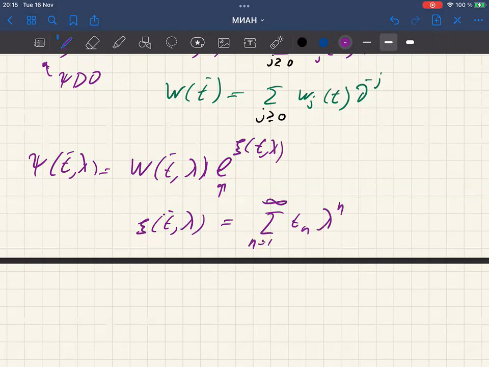It's not well defined, but we want it to be just a formal series.